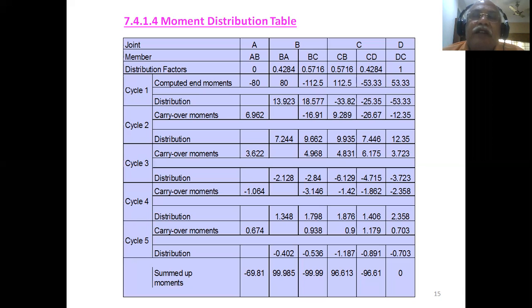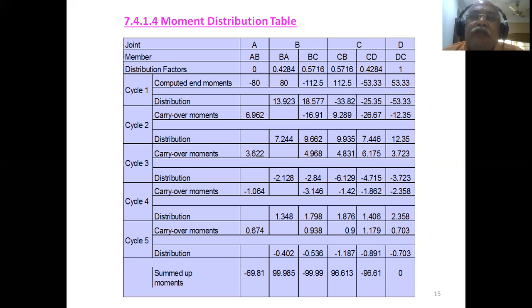Next, at C joint, one side it is 9.289, the other side it is minus 26.67. Take the difference of these two, and the difference will be minus. If the difference is minus, then the distribution value will be opposite to that, it will be plus.